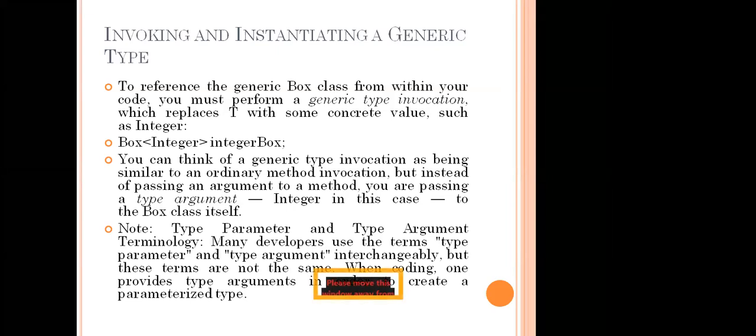Here, generally, we talk about type parameters and type arguments terminologies. Many developers use the terms type parameters and type arguments interchangeably, but these terms are not the same. When coding, one provides the type arguments in order to create a parameterized type. It is the same as the concept of actual parameters and formal parameters.